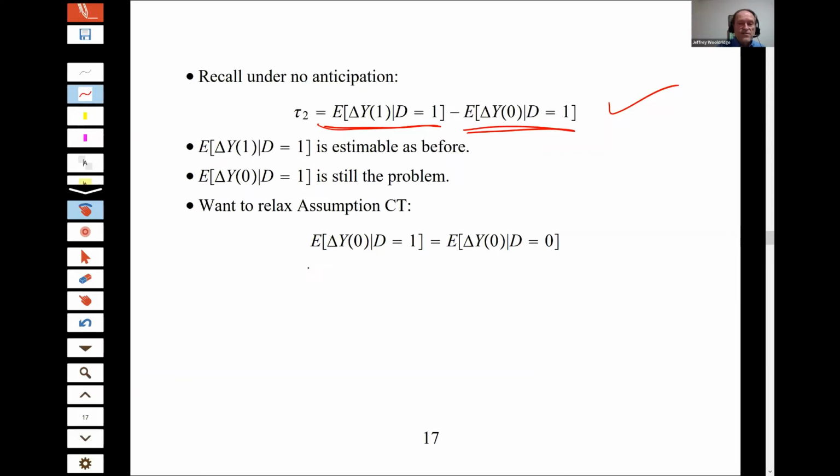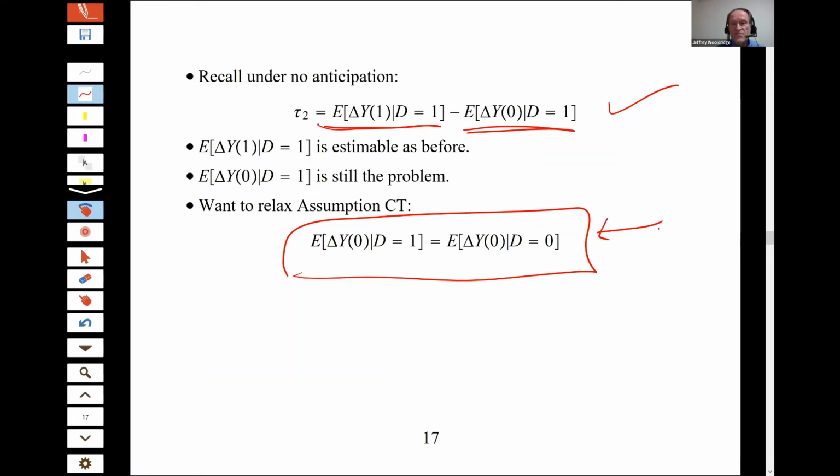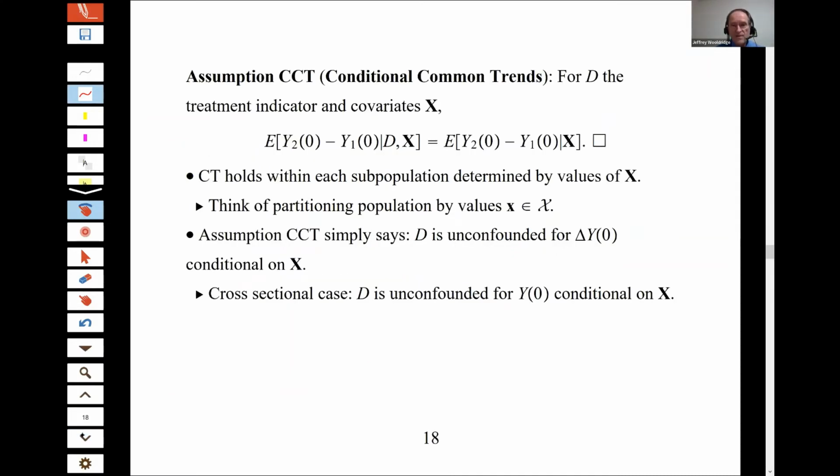But what we want to do is relax this assumption that says when we take the average of the trend in the control state for the treatment and the control, these things are the same, because this still seems like it could be a fairly strong assumption. So what we want to do is relax this by effectively partitioning the population into subpopulations based on these values of the covariates.